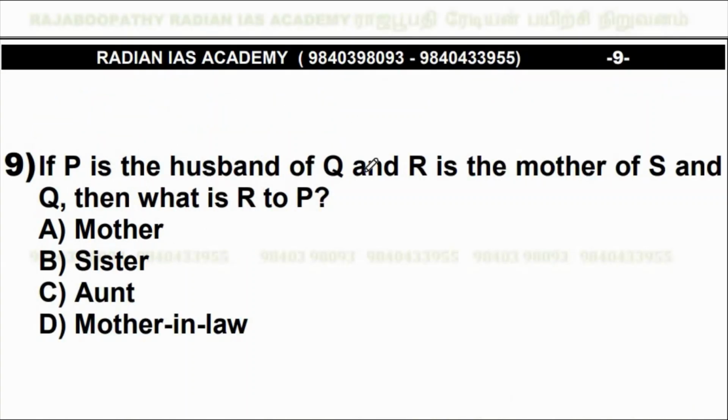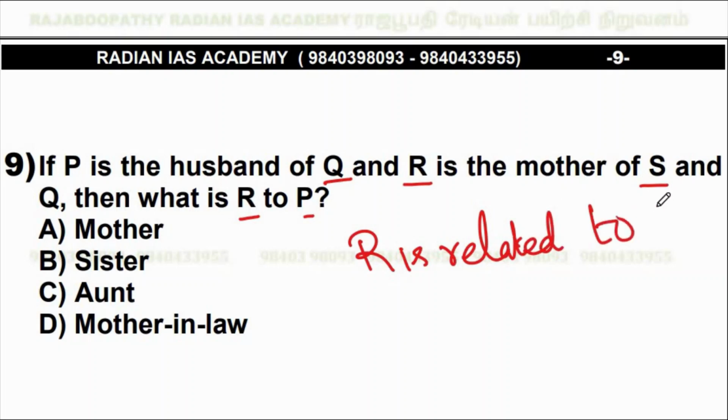If P is the husband of Q, R is the mother of S and Q. Then what is R to P? In what way is R related to P?